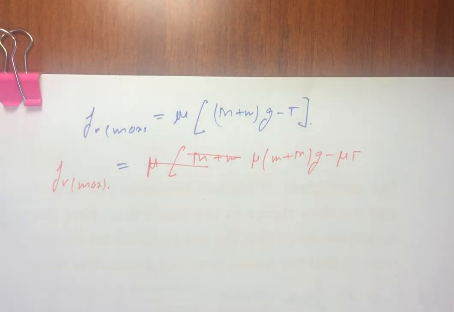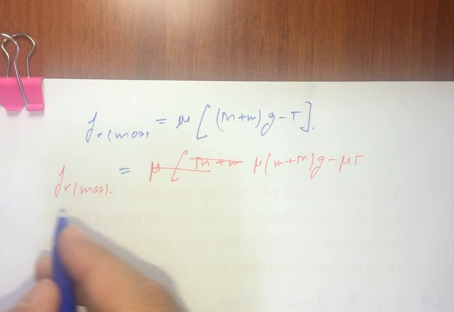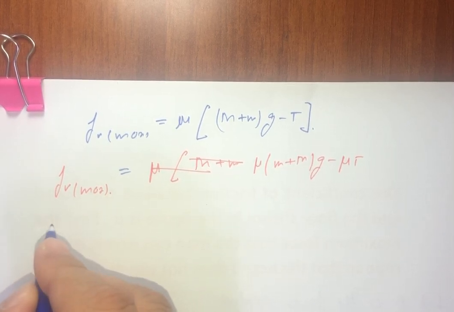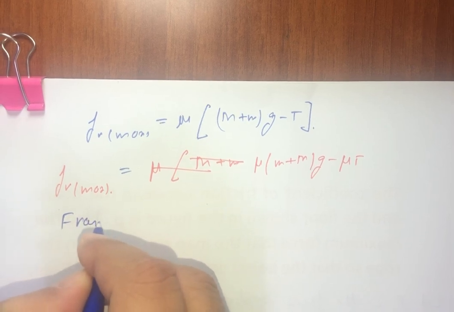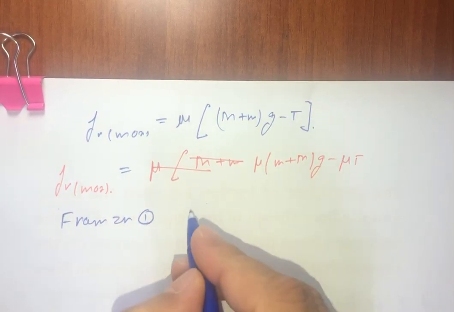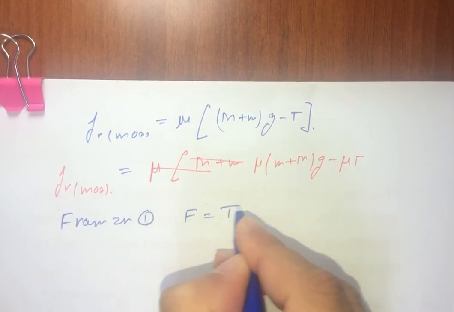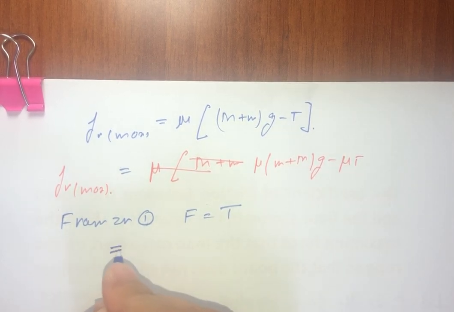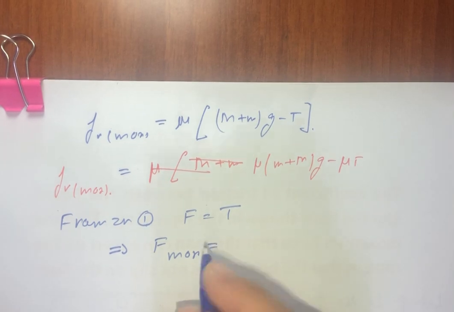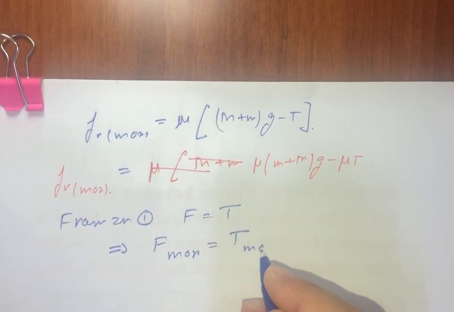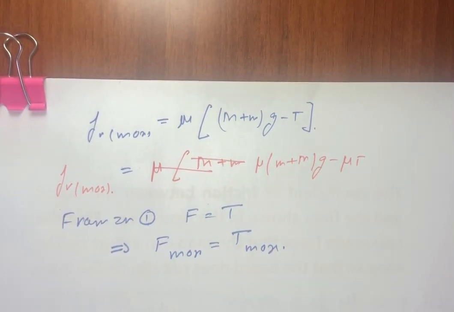Okay, and we already know from equation 1 that F is equal to T, or we can also say our F max will be equal to our T max.